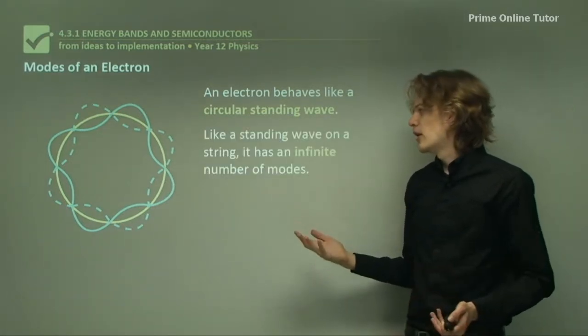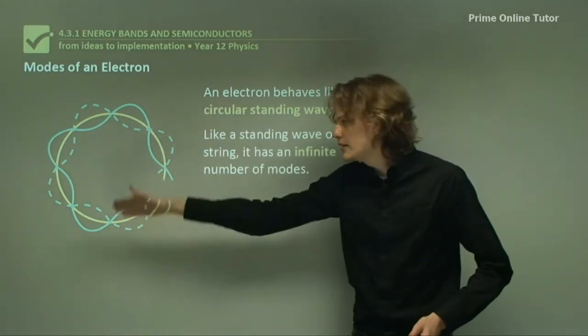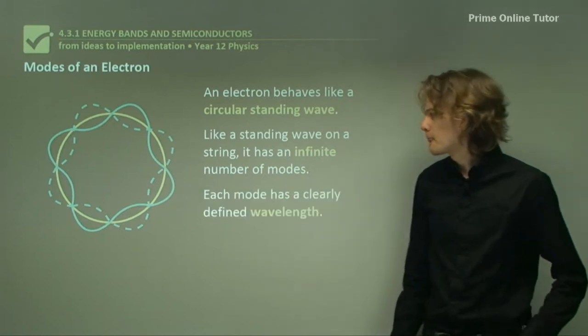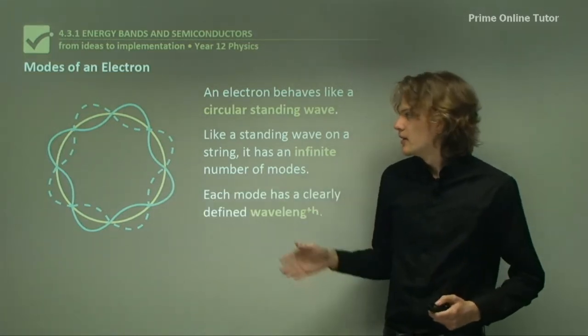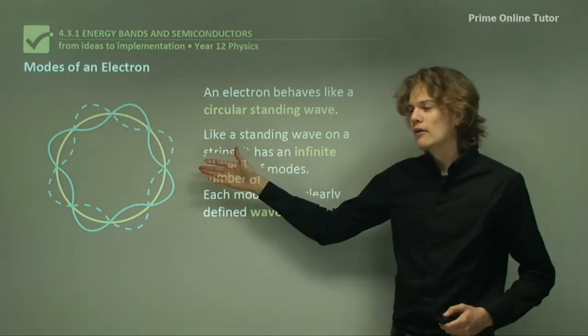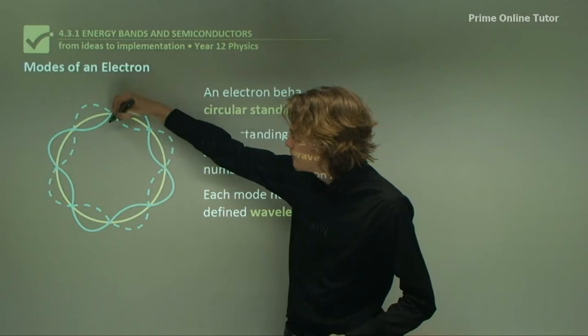Like a standing wave on a string, it has an infinite number of modes. You can imagine fitting 1,000 of these wavelengths around the circle. But each mode has a very clearly defined wavelength. Here, for example, we have 4 wavelengths going around. We can count them.